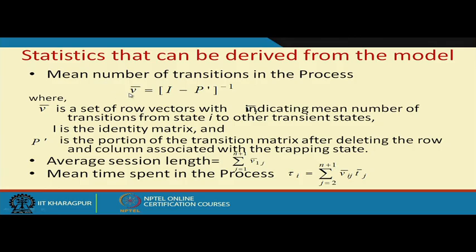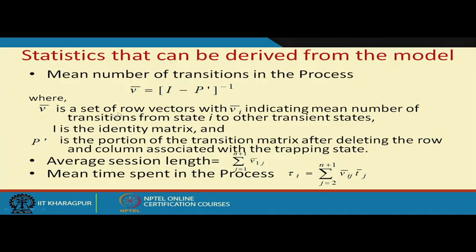This can be calculated using this formula, where this nu bar is a set of row vectors with nu i indicating the mean number of transitions from state i to other transient states. Transient states are the ones from which, if a visitor enters the state, he definitely goes out of the state.